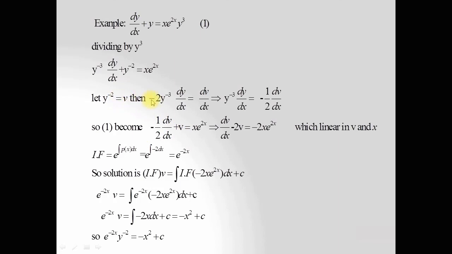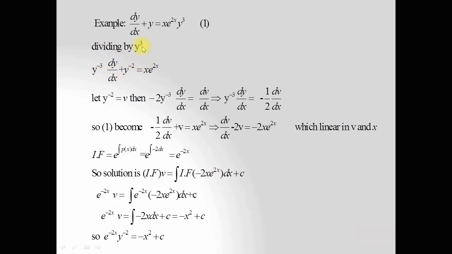Since in this example we have y power minus 2 is equal to v, v will be the new dependent variable in the new linear differential equation. So first of all, divide the given differential equation by the dependent variable term.